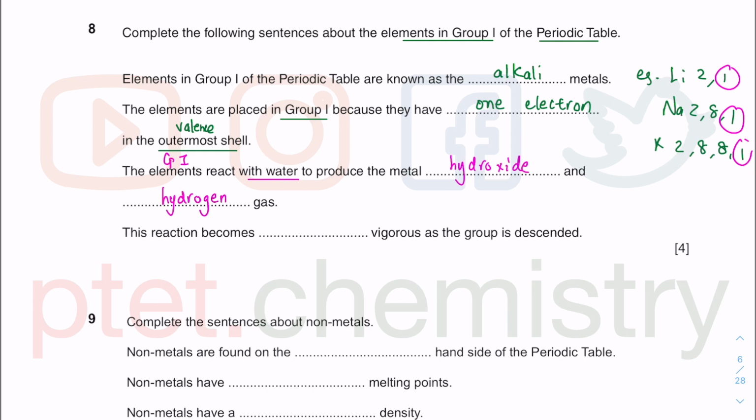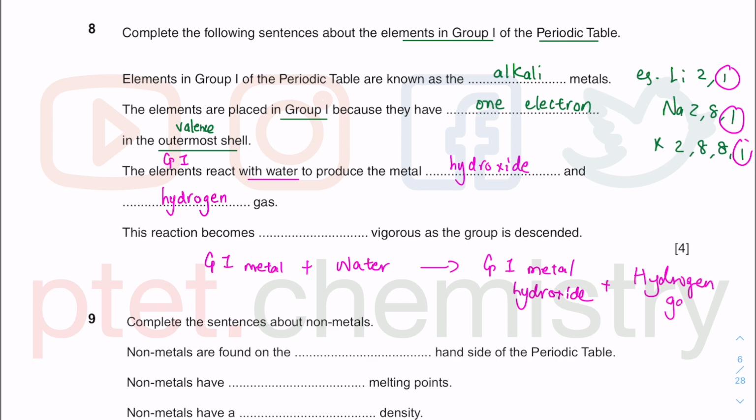Your word equation: group 1 metal, a reactive metal, plus water, which is a liquid, gives group 1 metal hydroxide. This is a word equation which you really must master.